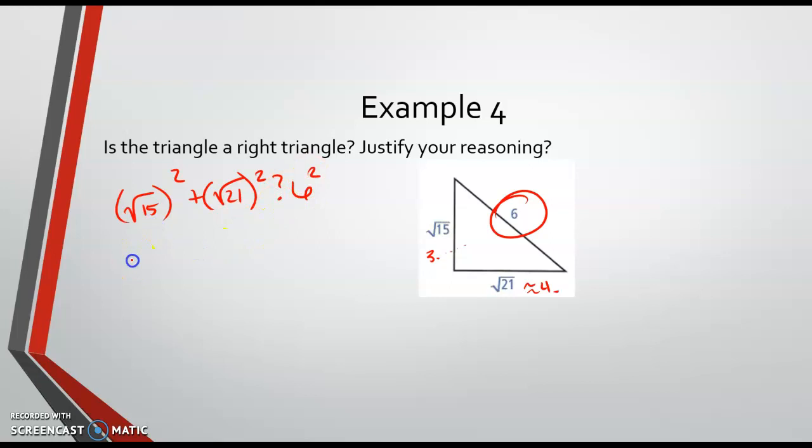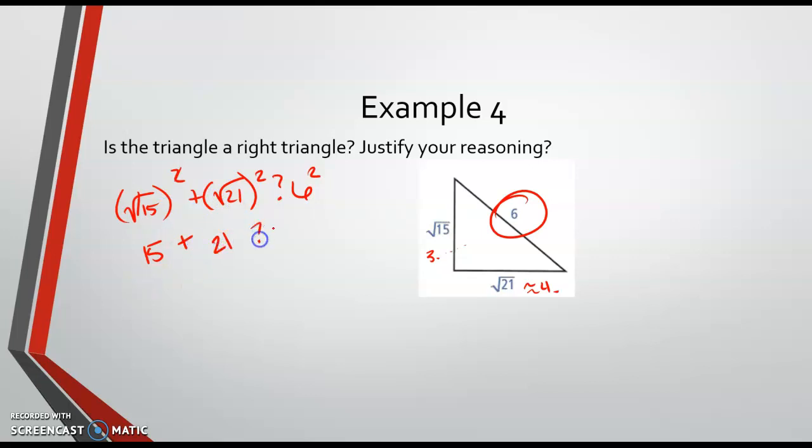So when we square a square root, if a square root undoes a square, then a square undoes a square root. So these are inverse operations. So because we're squaring them, the square root goes away, and we get just the number that was inside. So I have 15 plus 21, because the square of a square root is the number itself.